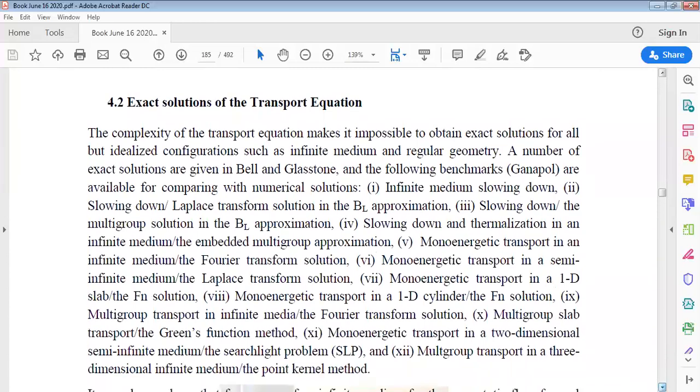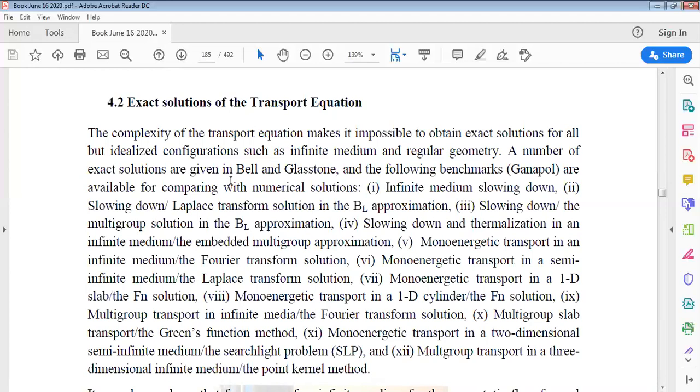Okay, so now let's look at the exact solutions of the transport equation. There are so many. There's the Fourier transform you can use, there's the Milne problem, there's the Wiener-Hopf technique, and there are a number of benchmarks made by Ganapol.